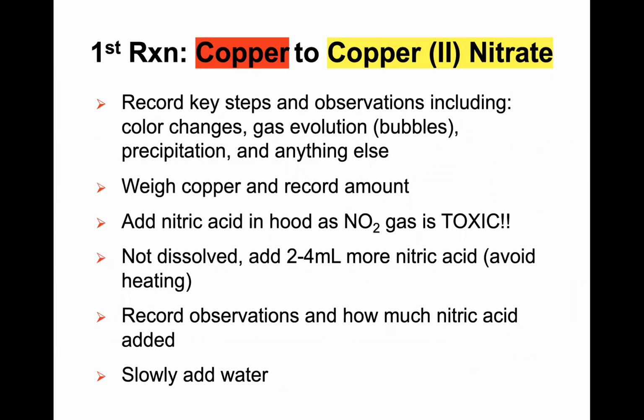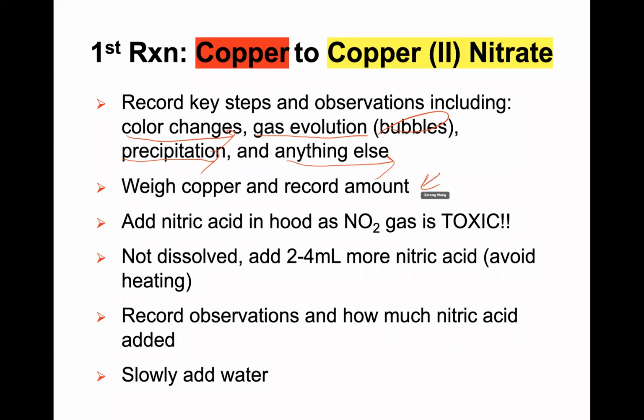For this reaction, you will record the steps and the observations. You will observe the color change, what gas evolves, the color of the gas, whether you see bubbles generated or not, whether you see any precipitation or not, and anything else. Then you weigh the copper, like we said earlier, and clearly record how much.